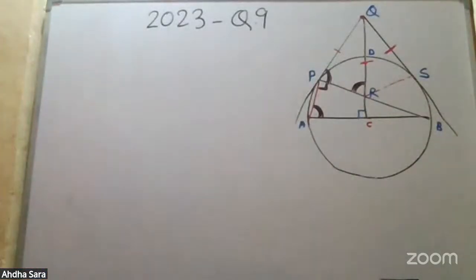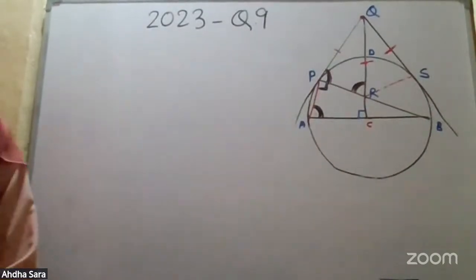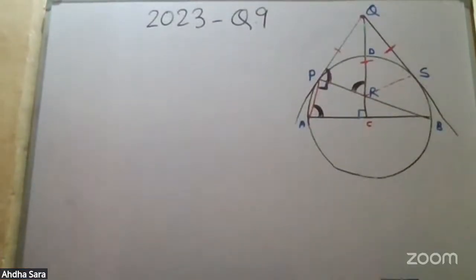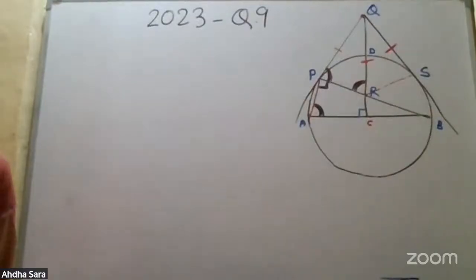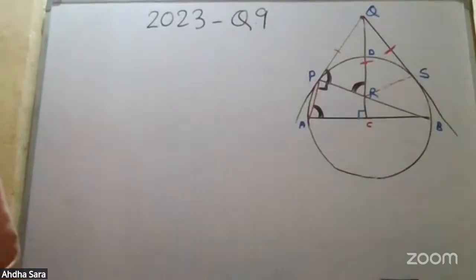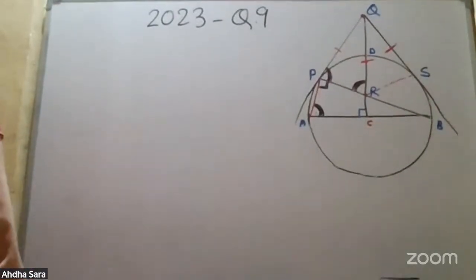So, we have discussed the theorems that come under circle and we have discussed two essay questions. If you have any doubt, you can ask me and we can end the session today.